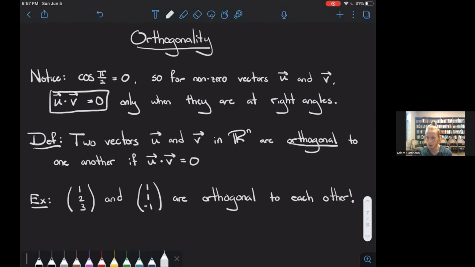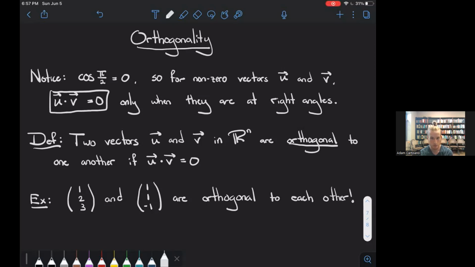And you might ask, what does the dot product have to do with this notion of right angleness? In fact, it's so significant that we give it a definition, and a fancy name. So I'll tell you what that definition is. Two vectors u and v in Rn are orthogonal to one another if their dot product is zero.